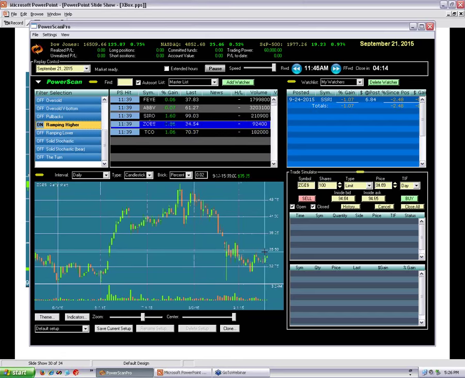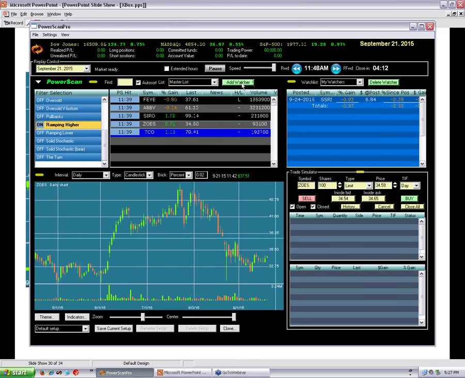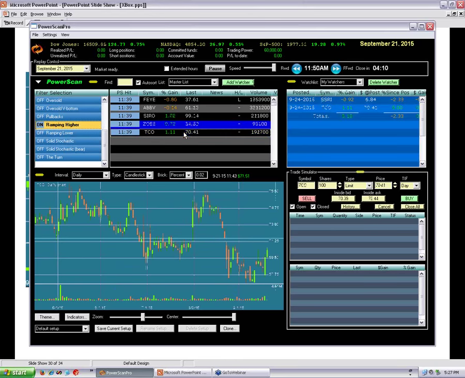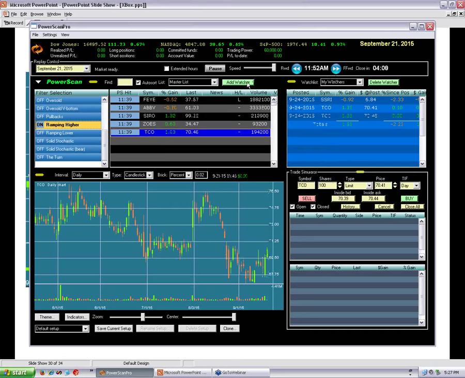Because resistance is right here, the stock is right there. So let's pick that one. Let's add it to watchers. And that might be a possibility because it's breaking above resistance. So let's add that one. But I really like that previous one. Okay, let's see here. Add watchers.